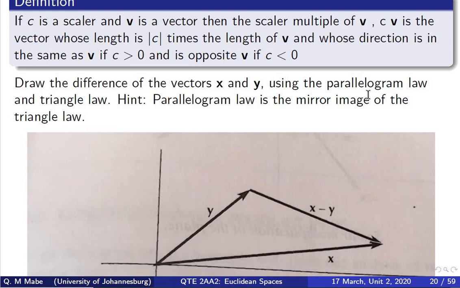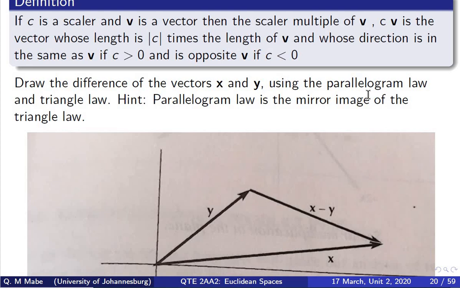the triangle law. In this triangle here, we have the vectors y and x, and these vectors start from the origin. And x minus y is the vector that completes the triangle.